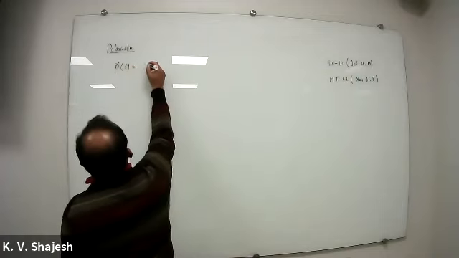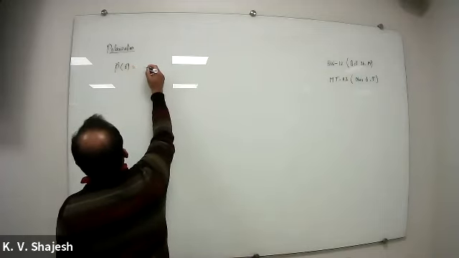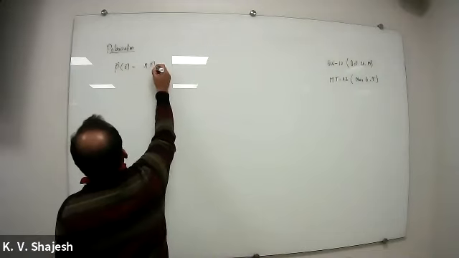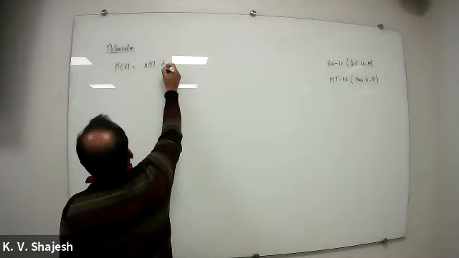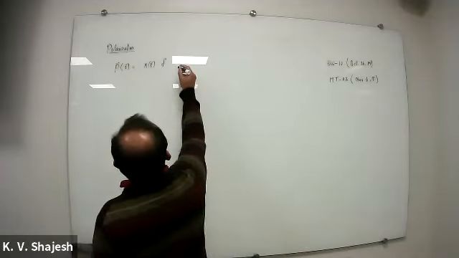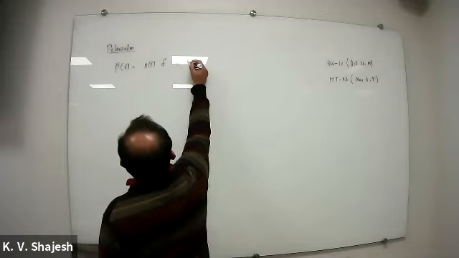So this was number density times the dipole moment per molecule at point R, and this is dipole moment density.